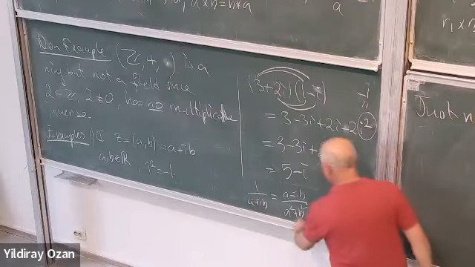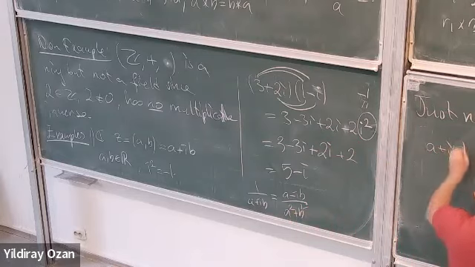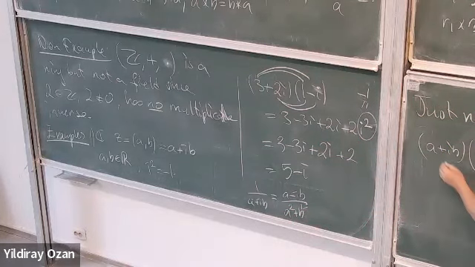Okay, so A plus iB times A minus iB divided by A squared plus B squared is what? So this is just a real number, and here you have A squared, and then minus iAB plus iAB, and then we have minus i squared B squared.